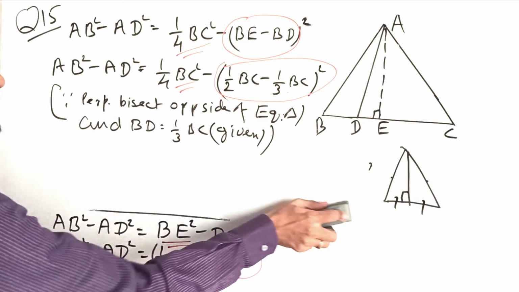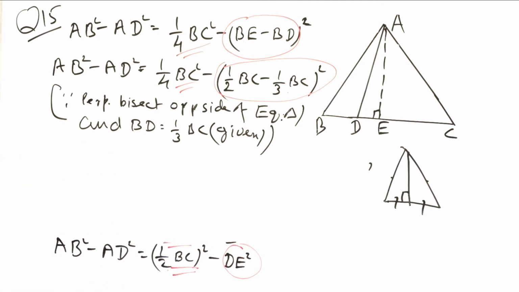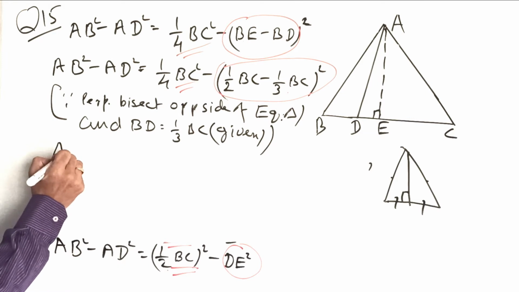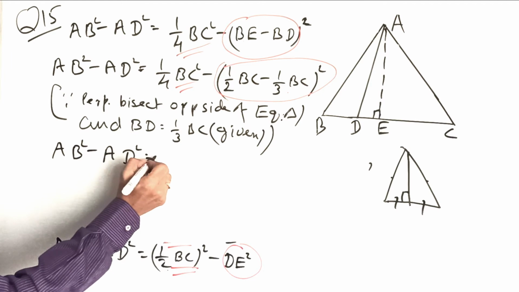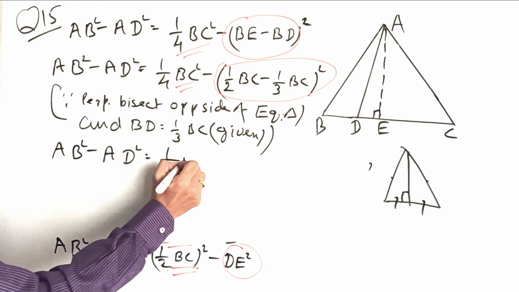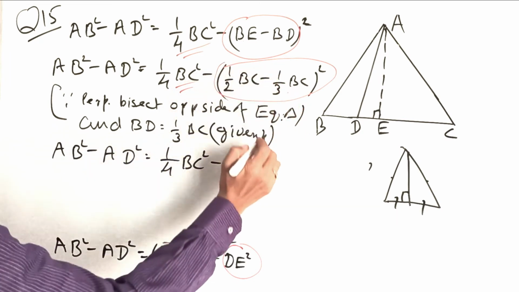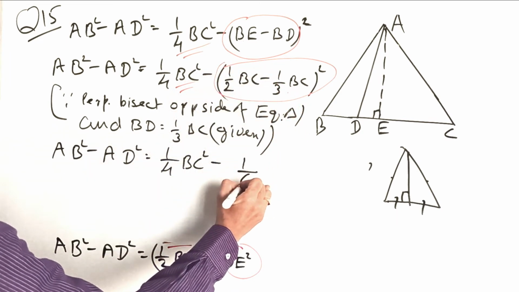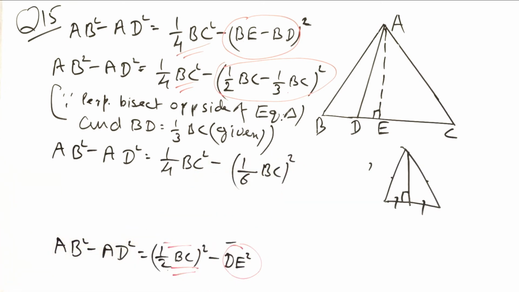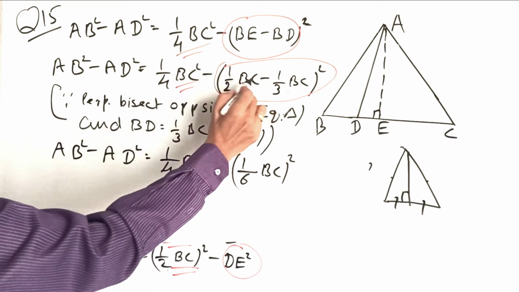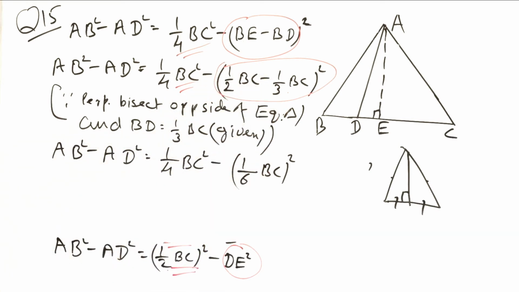Now listen students, this will be AB square minus AD square is equal to 1/4 BC square. Now we will subtract this fraction. 3 minus 2 means 1/6 BC whole square. Okay student, 3 BC, 2 BC, 3 minus 2 I have written directly 1, 3 2s are 6 LCM, BC square.